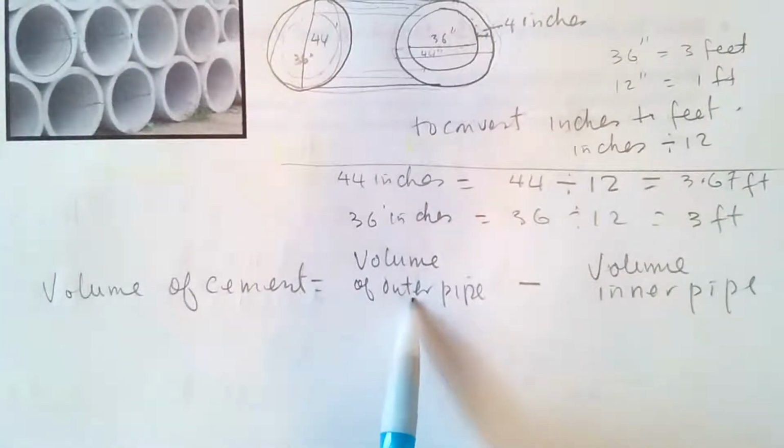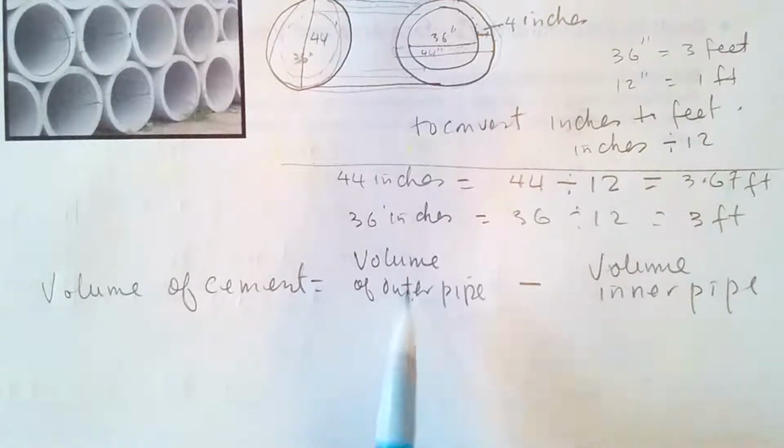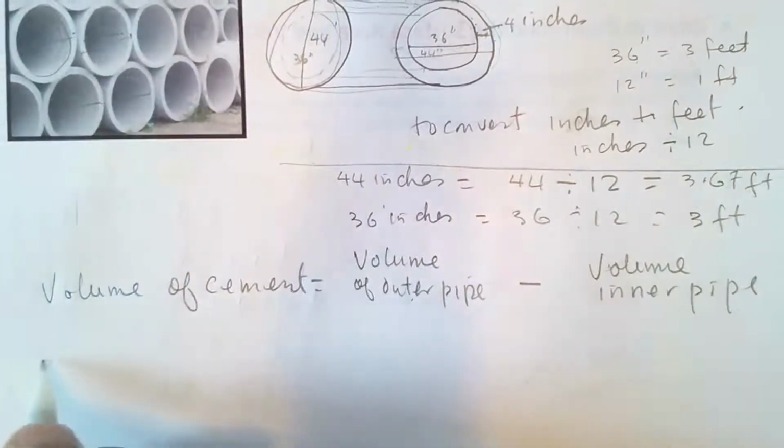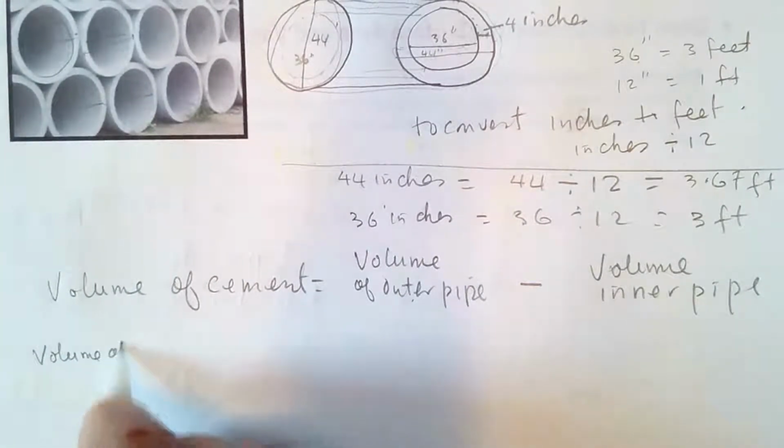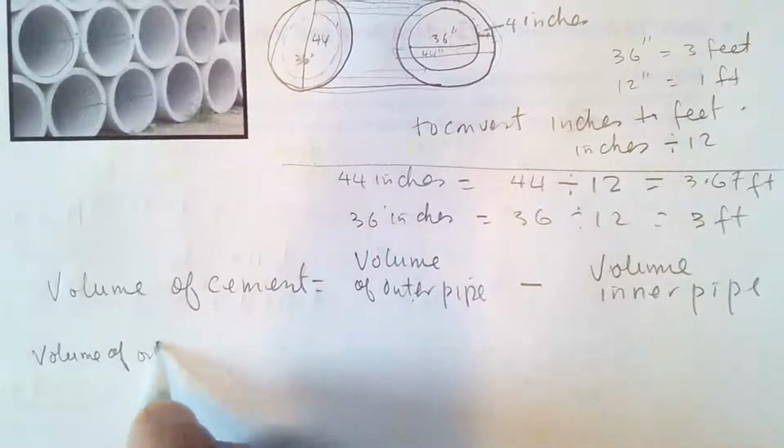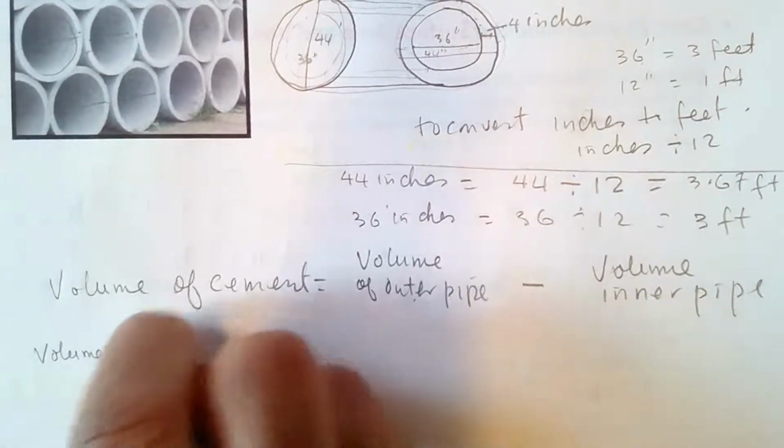So let's go and find the volume of the outer pipe. So the volume of the outer pipe, which is a cylinder here.